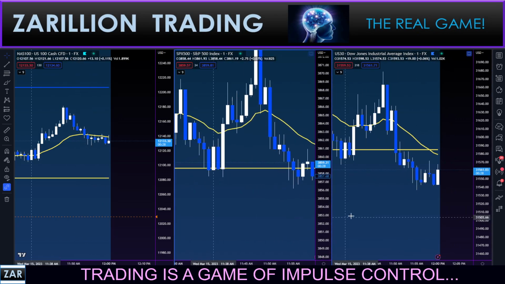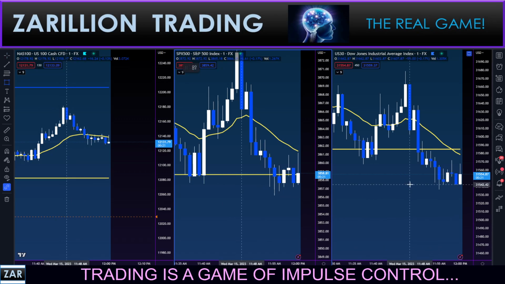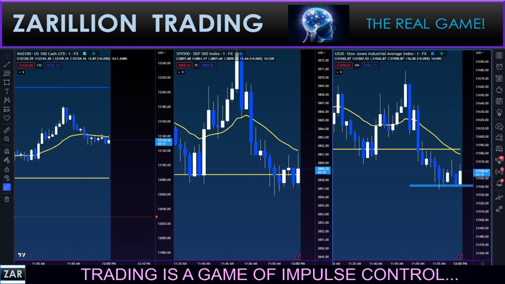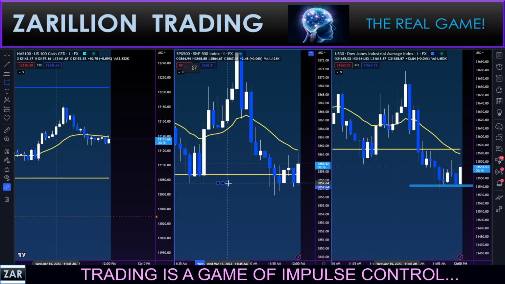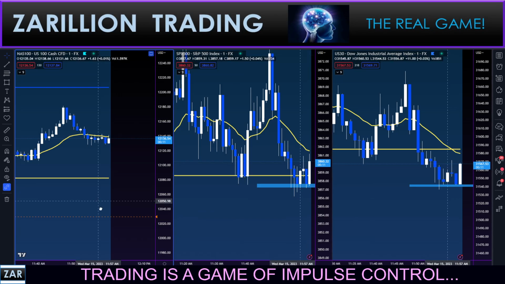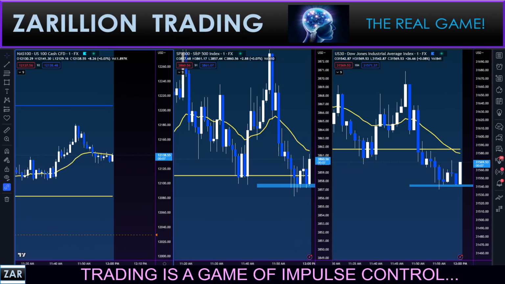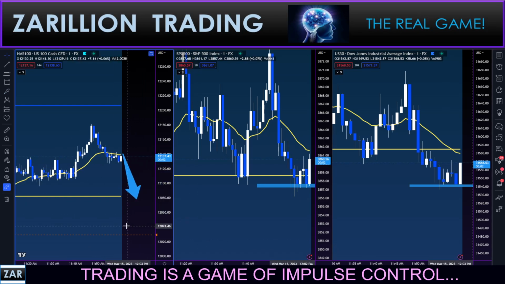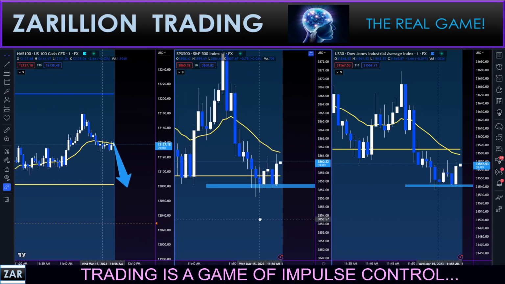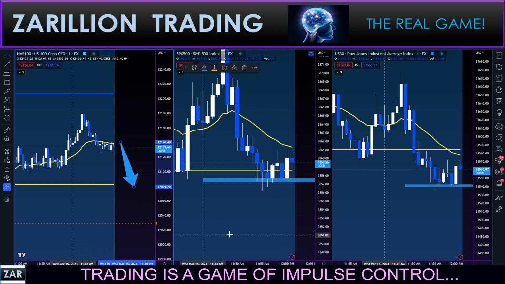This is a 1 minute chart, but they're finding support, put it that way, right here, and here at the New York open line, which often does play a strong role in support. And so what I need, of course, is for the NASDAQ to roll over and capitulate. Otherwise, this trade is dead in the water.